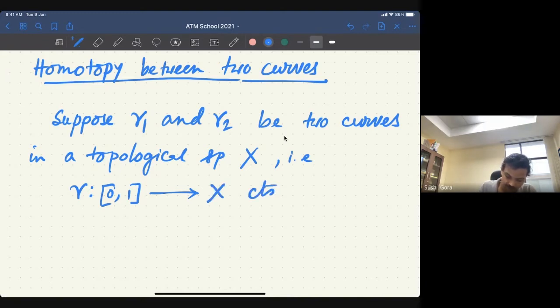One can use a, b, it doesn't matter actually. Gamma 2 is again continuous.